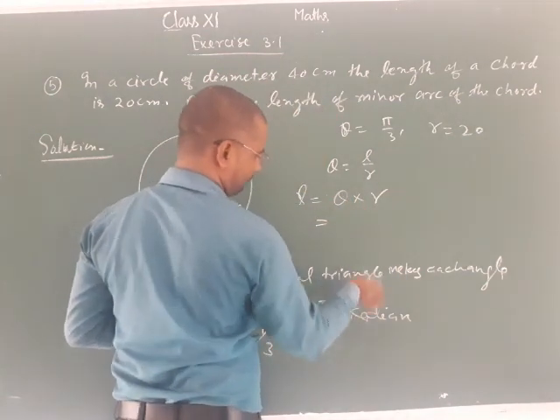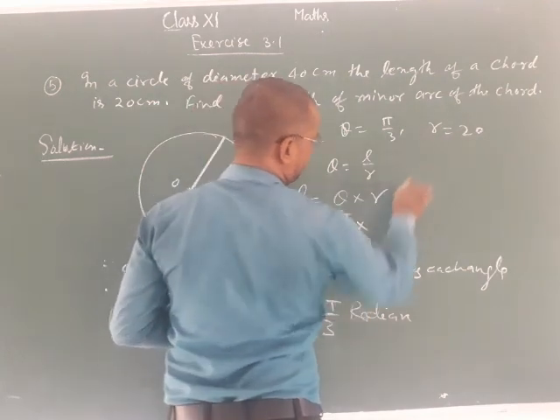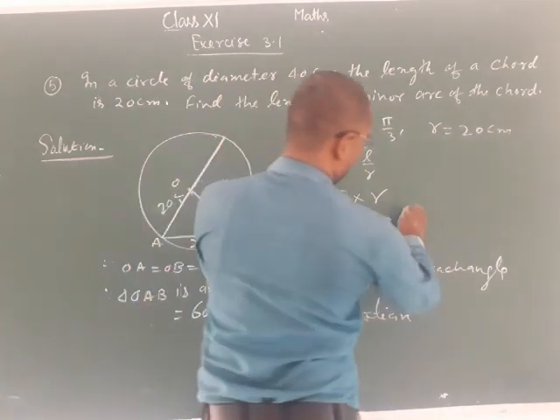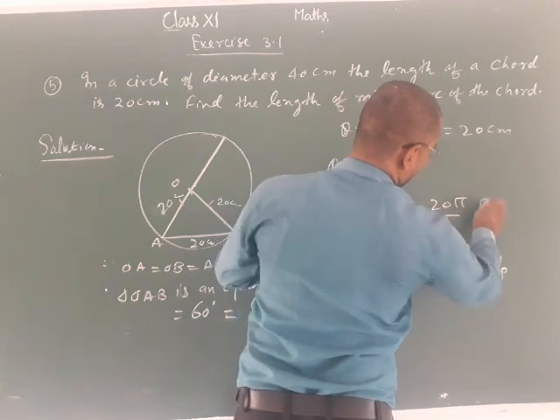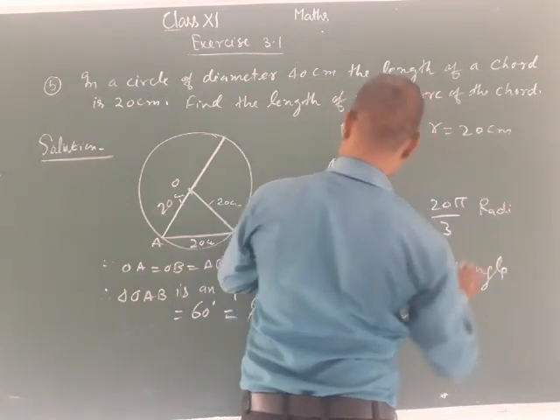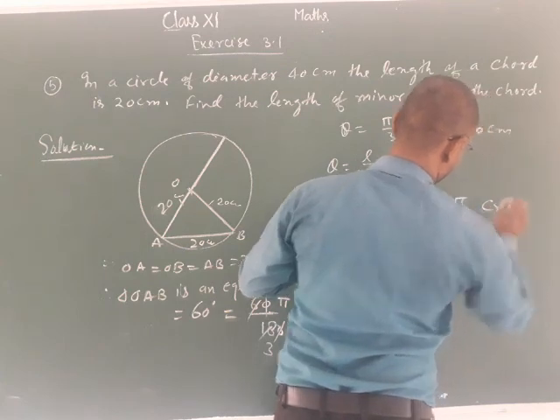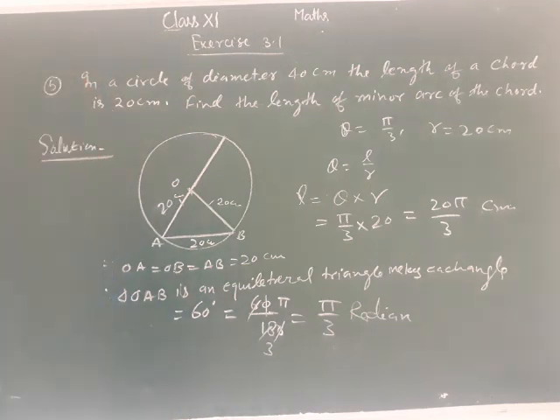So theta pi upon 3 and radius 20 centimeter. So now the arc is 20 pi upon 3 centimeter, that's all.